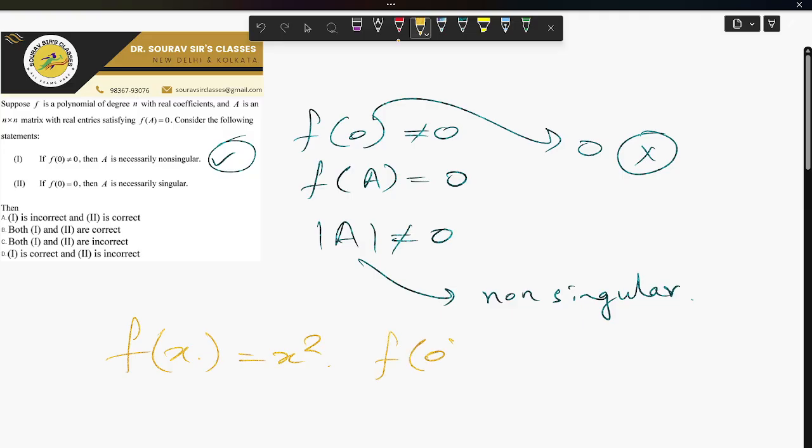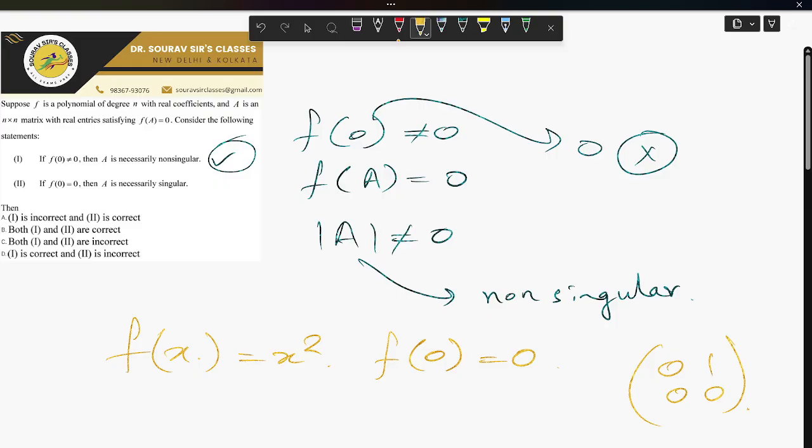Here we can easily see that f of 0 is equal to 0, but A could be the 0 matrix or a non-zero matrix like a 2 cross 2 Jordan block with eigenvalue 0. Then the minimal polynomial is x squared, and the characteristic polynomial is also x squared. A could also be a non-singular matrix that satisfies f of A equals 0. So f of 0 equals 0 does not necessarily imply that A is singular.